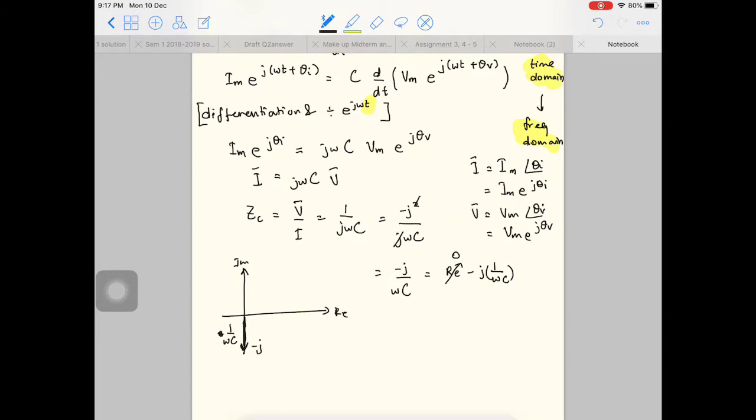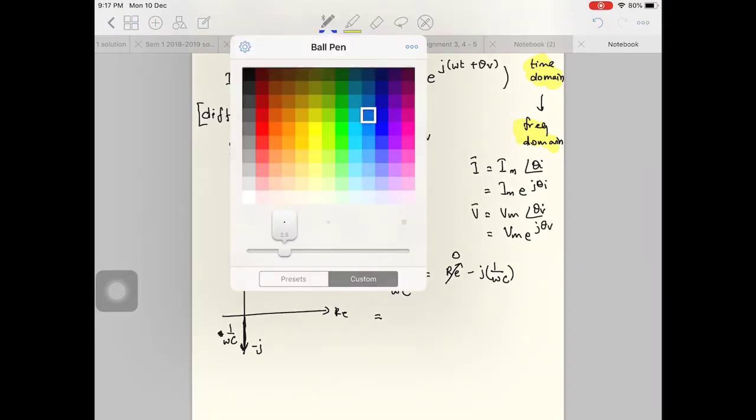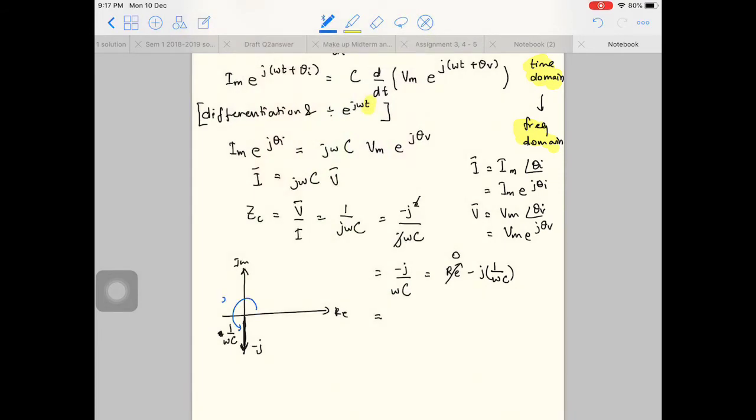Now, how do we write this in terms of the phase? If you look here, this is 270 degrees, and if you draw it here, this is negative 90 degrees. So we can say this is also equal to 1 over omega C at 270 degrees, or 1 over omega C at negative 90 degrees.